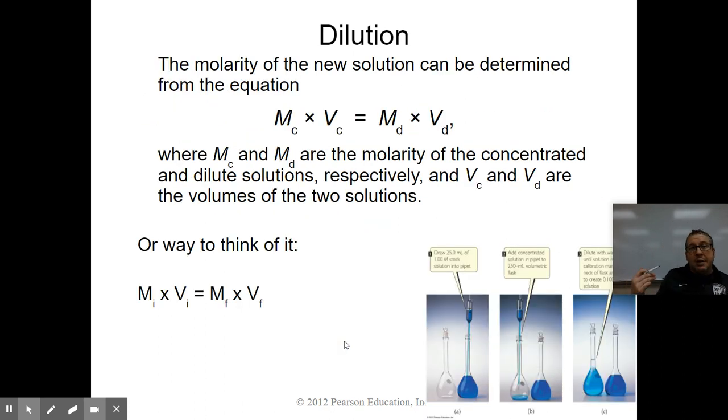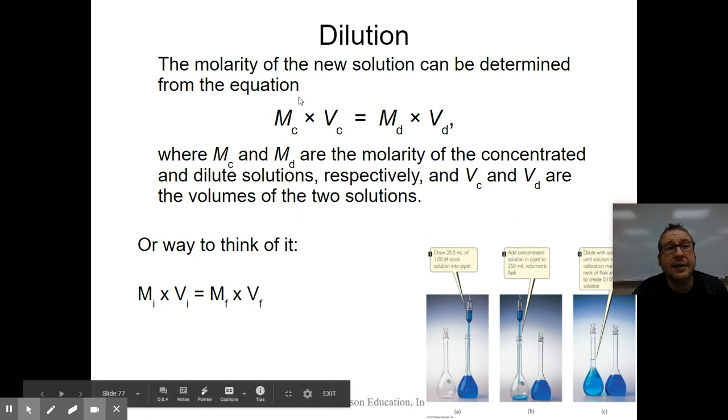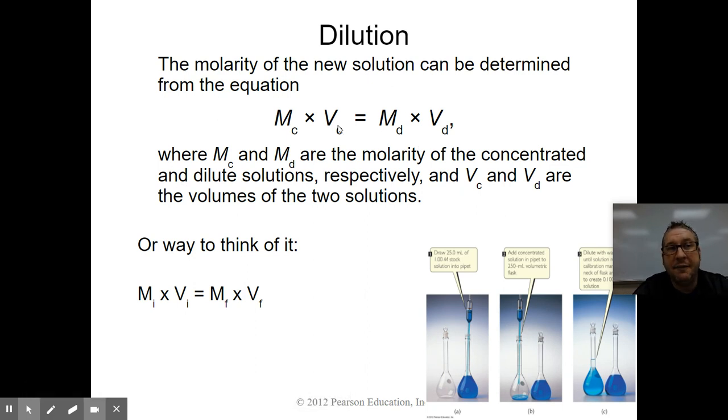So you get the formula of MC times VC is equal to MD times VD. Now, MC and VC, the subscripts of C stand for the concentrated solution's concentration and volume.